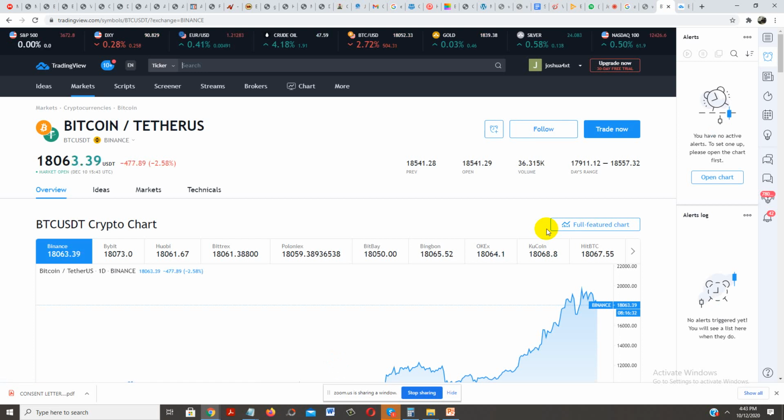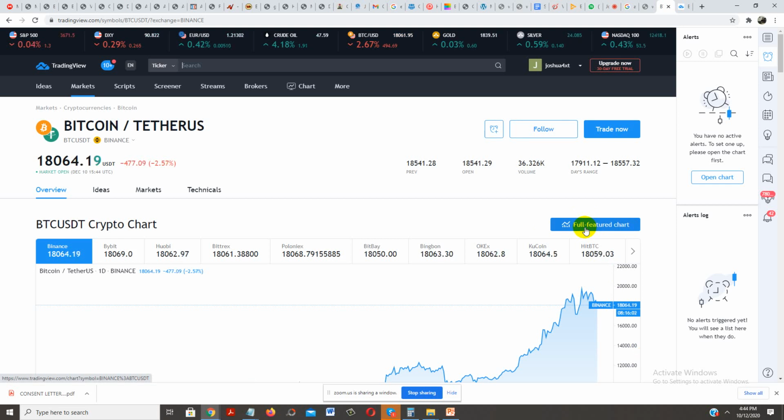I'm looking for it. Full featured chart. If you are looking at your chart and you are looking at mine, it should not be hard to find. I am seeing BTC USDT.